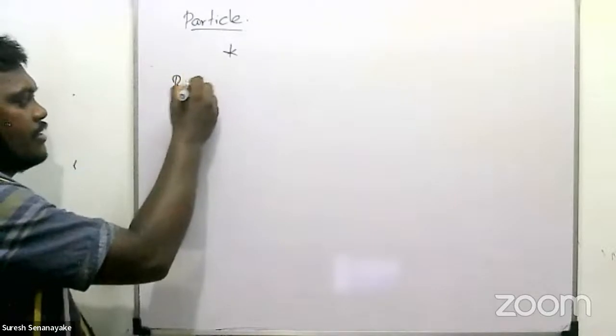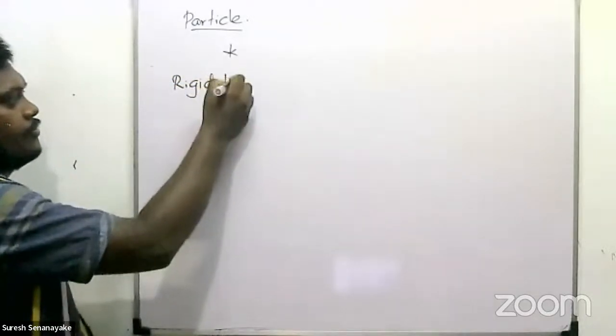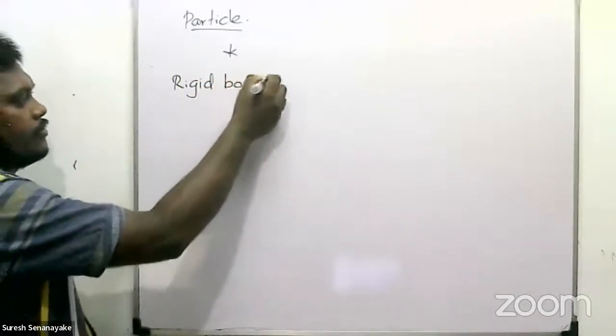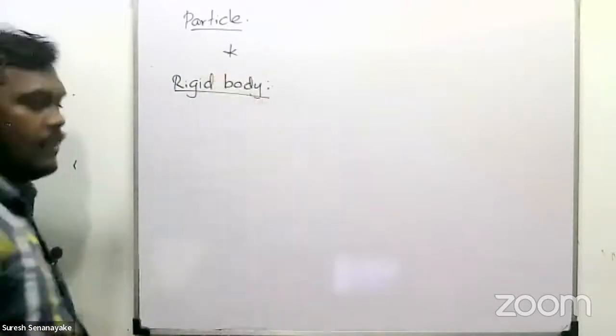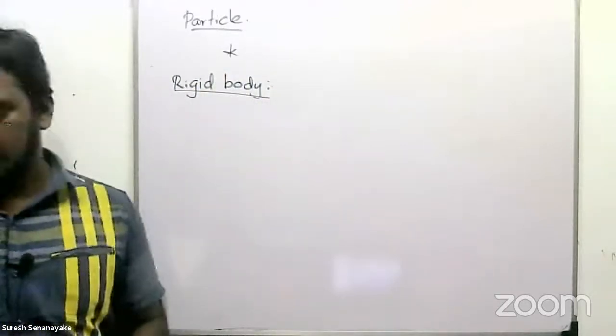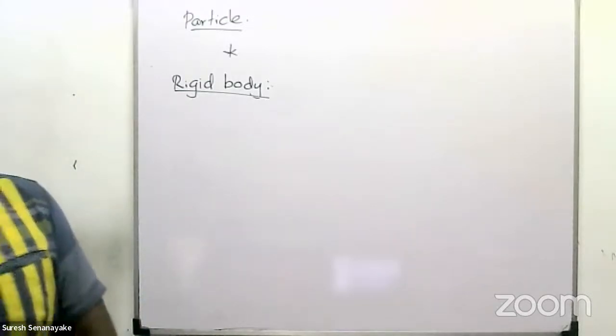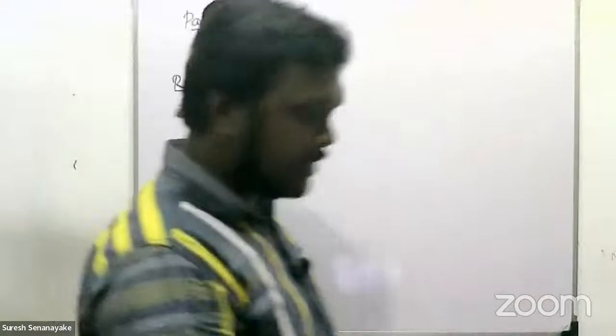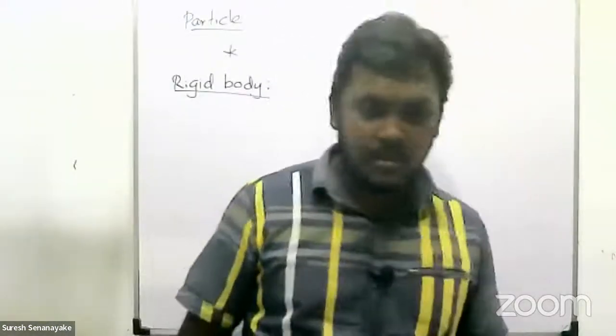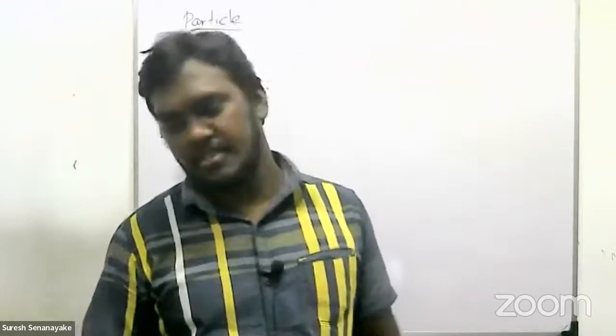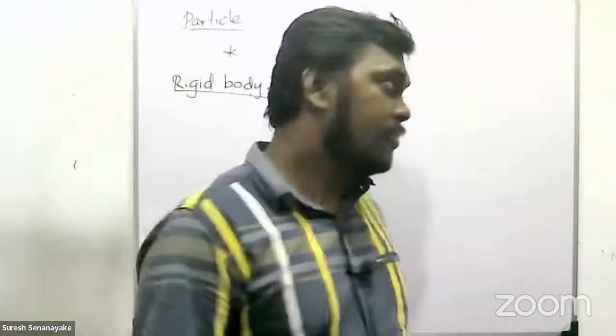The second one is a rigid body. What's a rigid body? Rigid body means that when the object is moving, if its size or shape is not changed, such bodies are called rigid bodies. Under the motion, it cannot be changed.